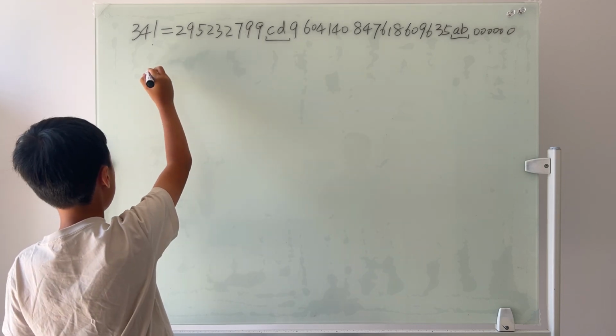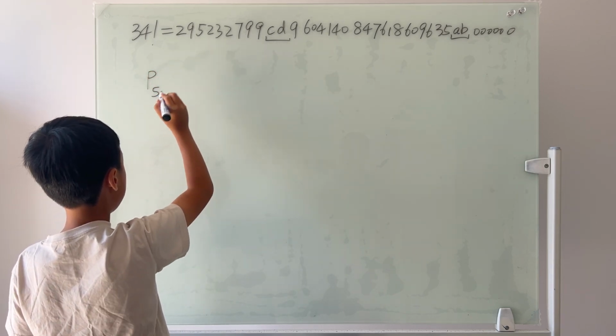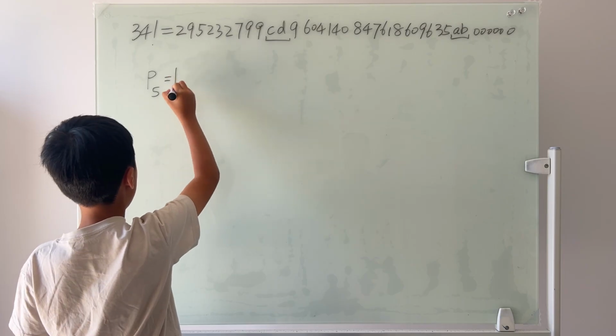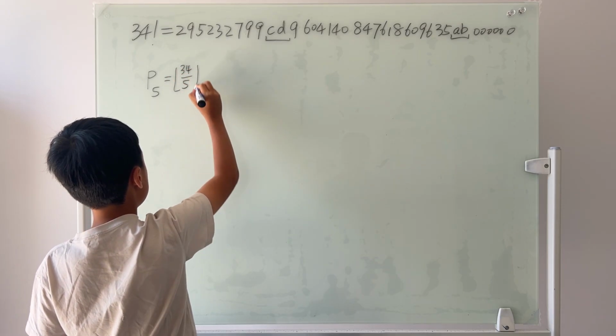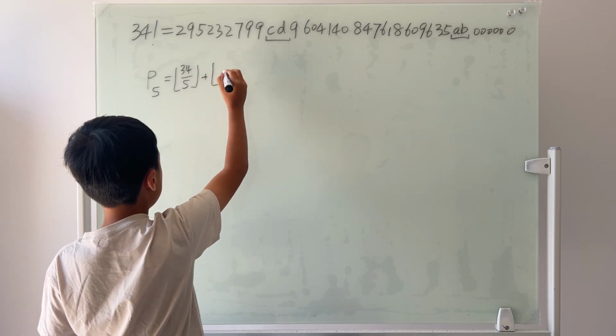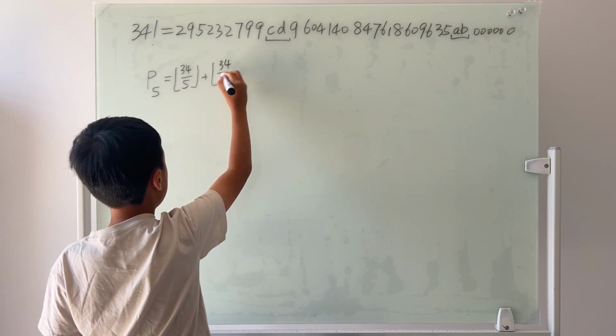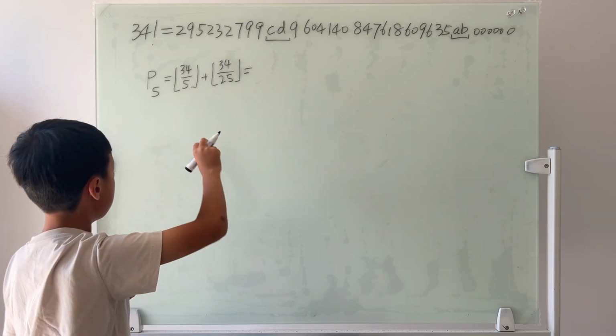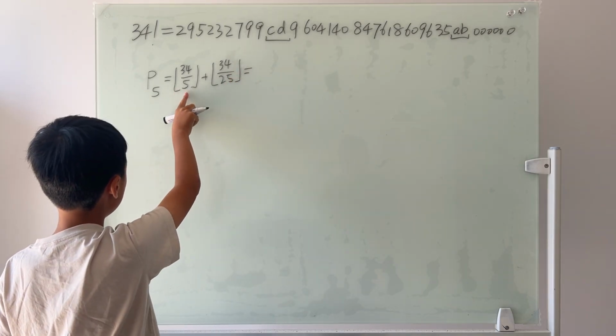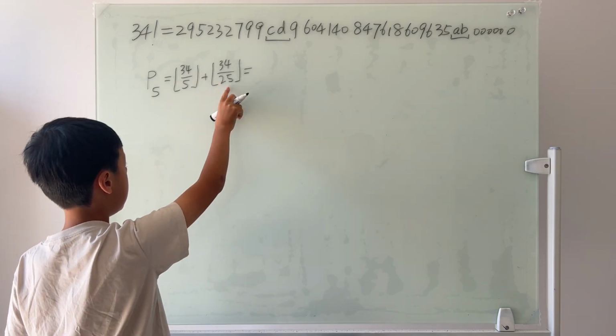So how many 5s are in here? It's the floor of 34 over 5 plus the floor of 34 over 25. So this will just be 6, and this would be 1.